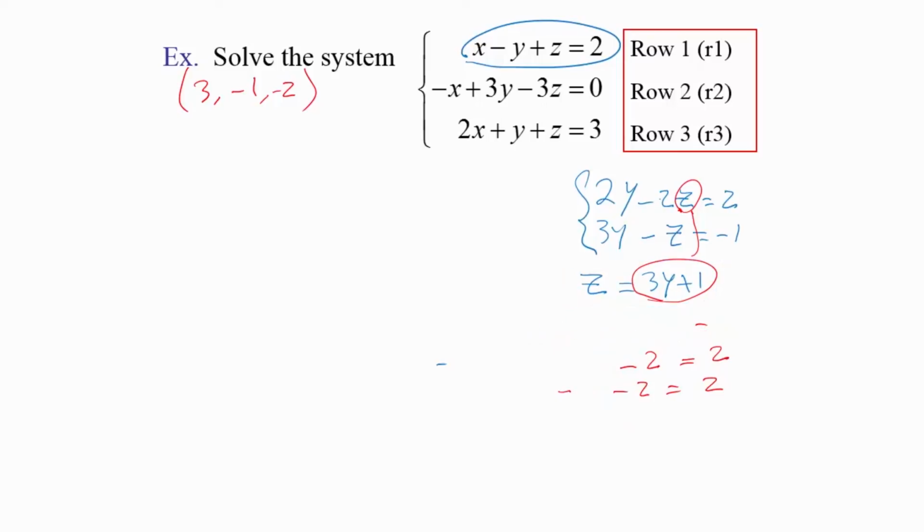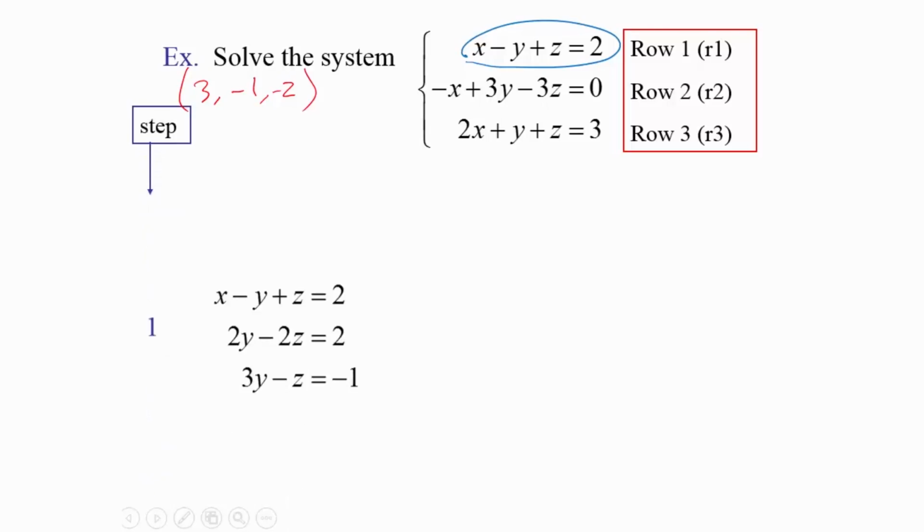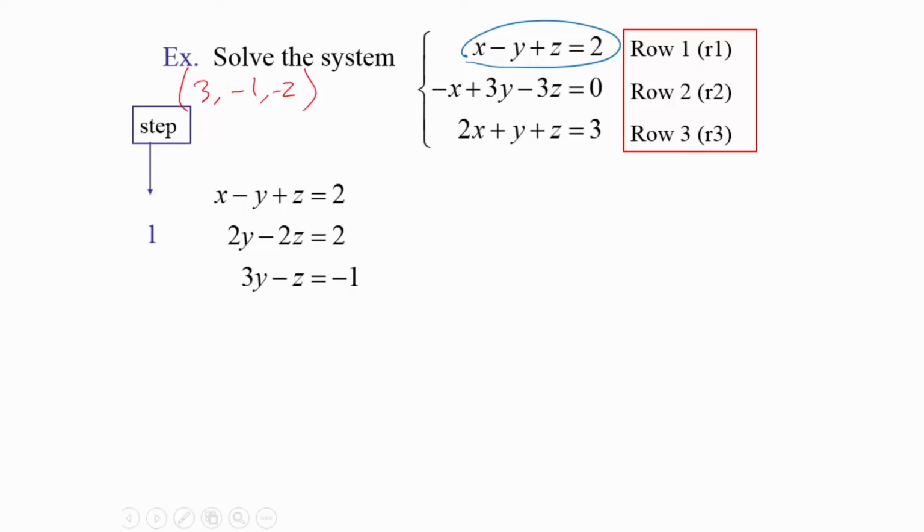Here, to do the Gauss-Jordan method, they're going to have each one of these three linear equations with multiple variables as row 1, row 2, row 3, R1, R2, R3. So step number one: here is row 1, right?